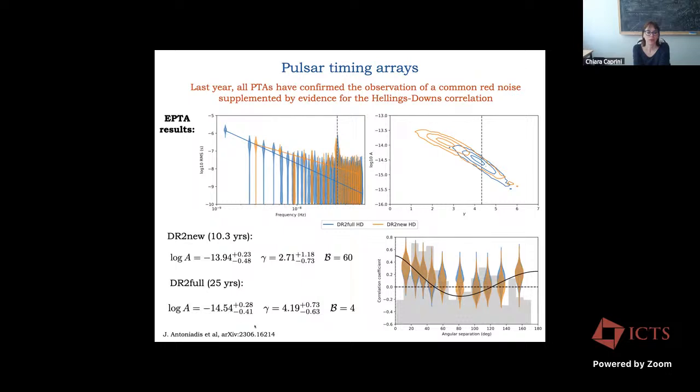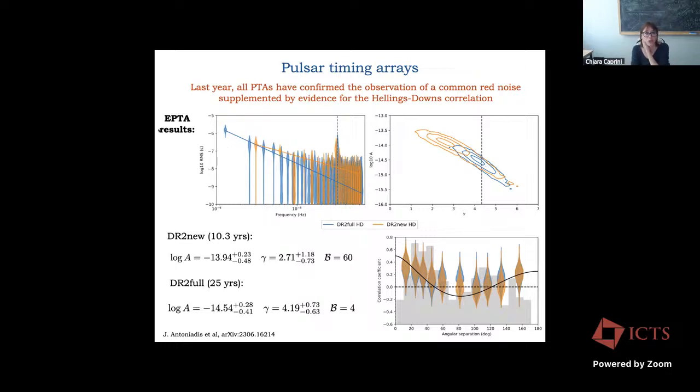The pulsar timing array collaborations, NANOGrav, EPTA, Chinese, Parkes, the Indian one that shares the data with the European one, have confirmed the observation not only of this common red noise, which is a detection but does not have in itself the smoking gun of the gravitational wave, but they have also shown the evidence for Hellings-Downs correlation. So this is really the main announcement.